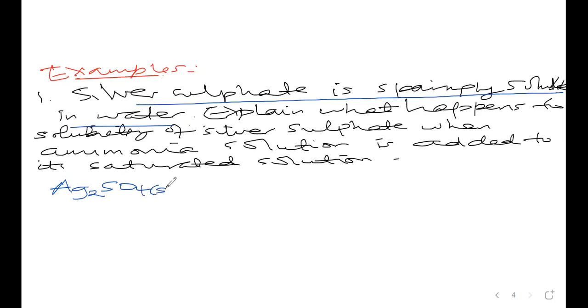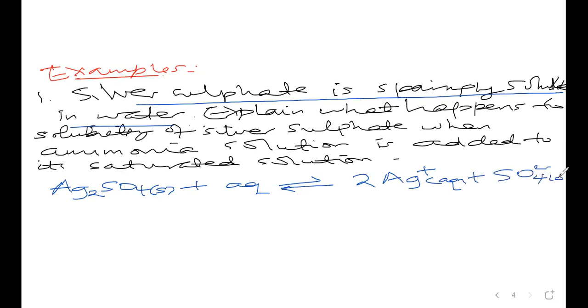Silver has valence 1, sulfate radical has valence 2. Sparingly soluble implies that this is the equation for its solubility.